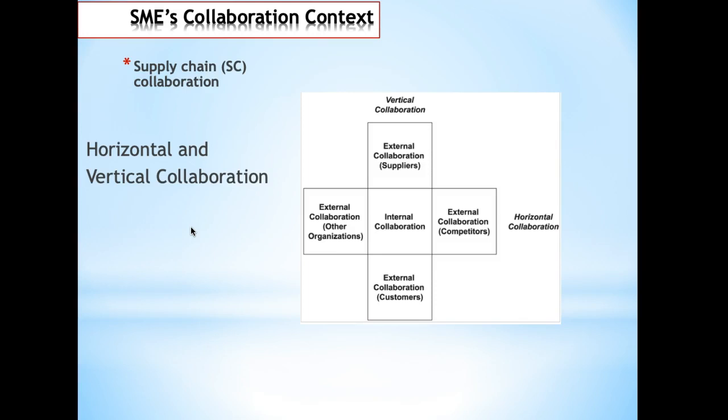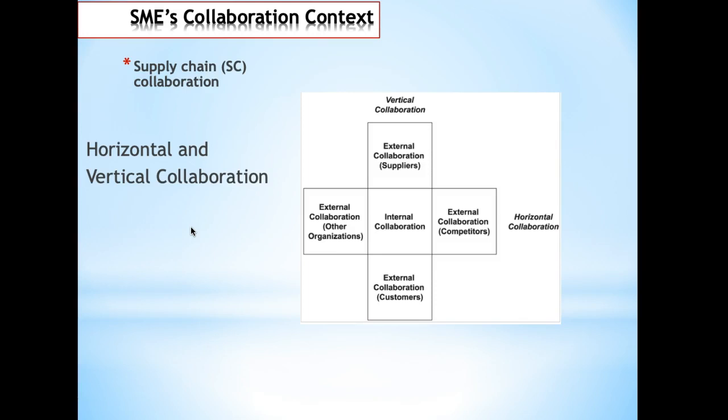As we can see in the picture, vertical and horizontal collaboration involve external partners, such as suppliers, other organizations, competitors, and customers. So all these stakeholders are involved in horizontal and vertical collaboration.